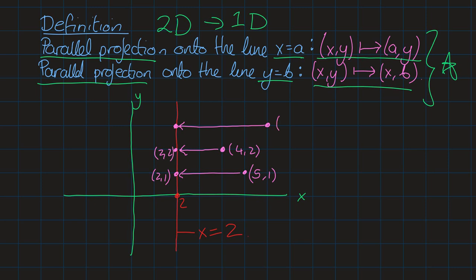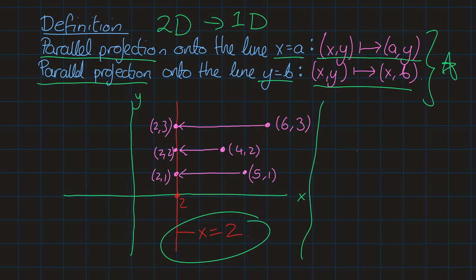And finally this point here is the point (6, 3), and it gets mapped to the point (2, 3). This is parallel projection. You take whatever point, you draw a line perpendicular to the red line, the image line, and then you drop the arrow. So this is parallel projection onto the line x equals 2.